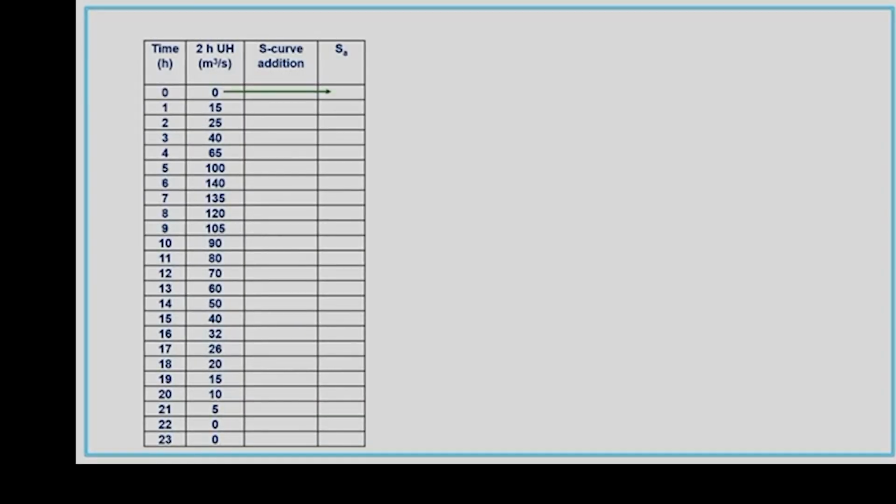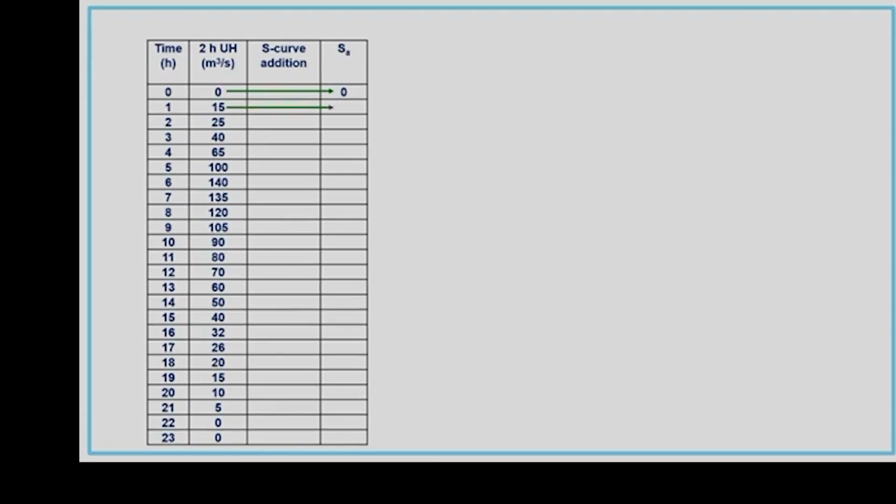So, the first ordinate is the same as 0, and after that we will be putting that SA in the S curve addition column, but it should be put in such a way that it should be put corresponding to 2 hours. So, for 1 hour the same value will be repeated, that is we will write 15 itself.